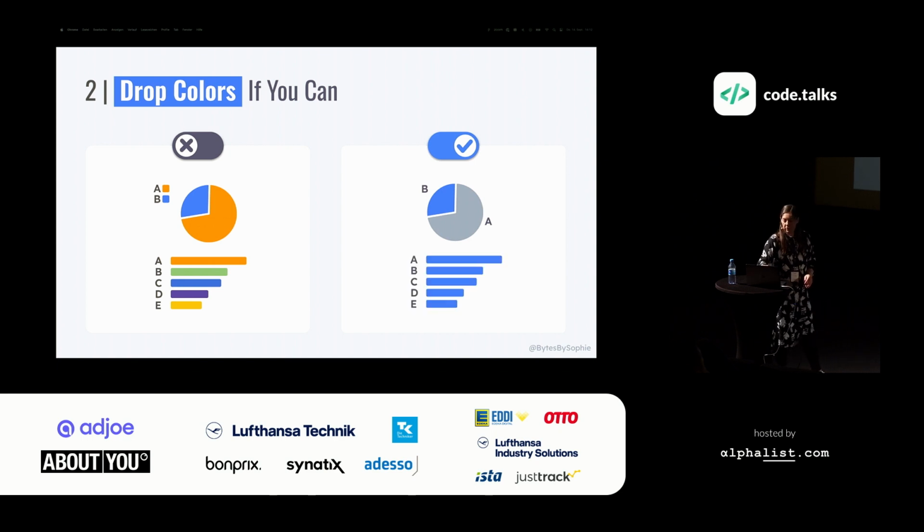If you just drop the color, your brain will be able to focus on actually seeing the data. It will not wander around, trying to make sense of the color, trying to find some kind of legend that maybe gives it some additional information. All of this additional work you can skip, because in this case, it doesn't even give you any benefit.